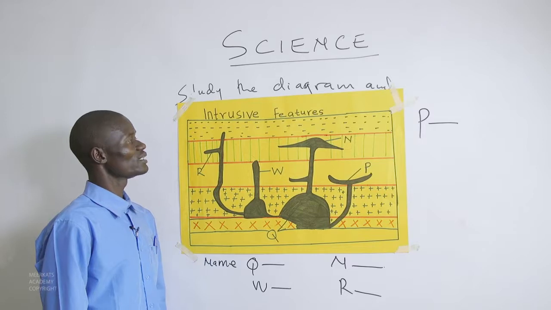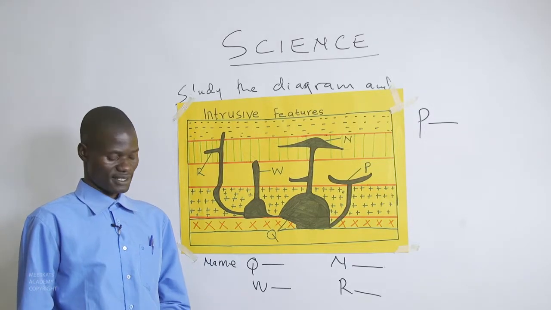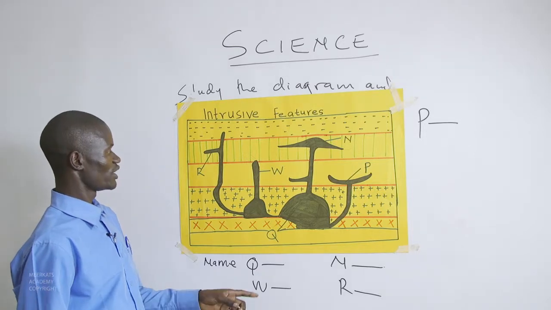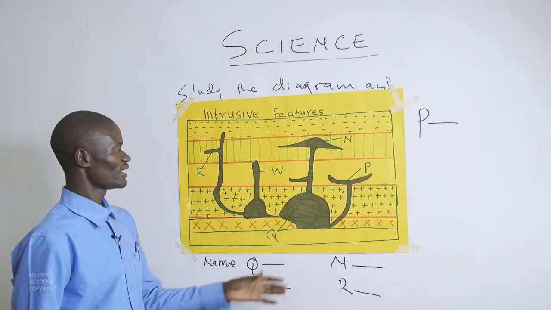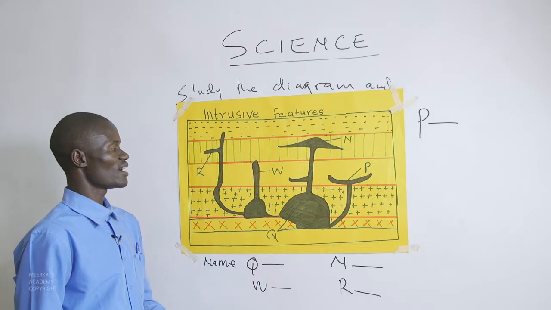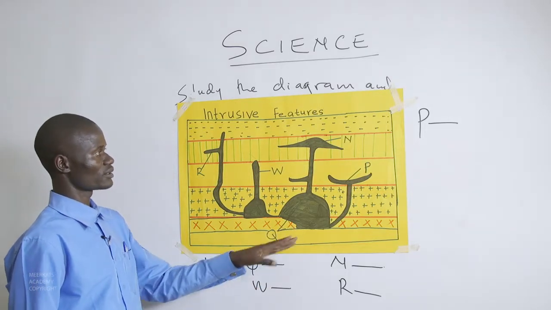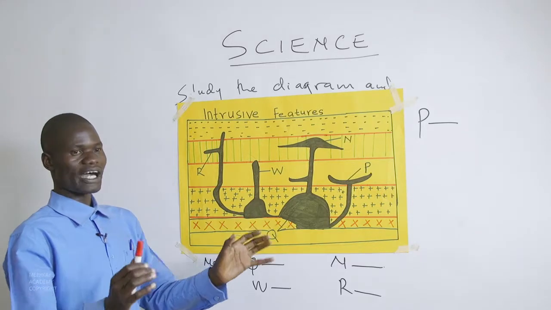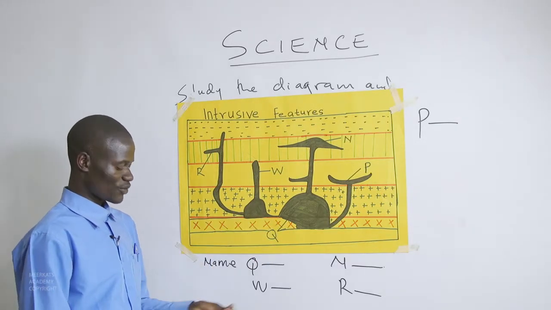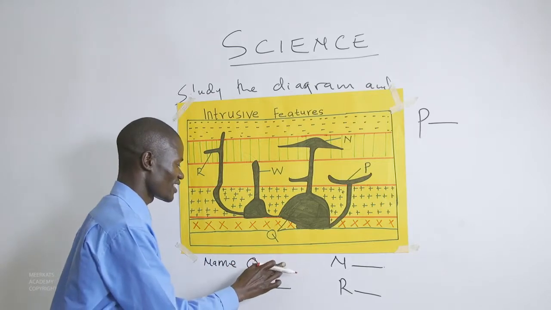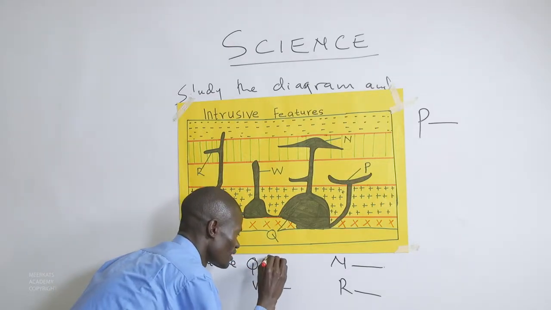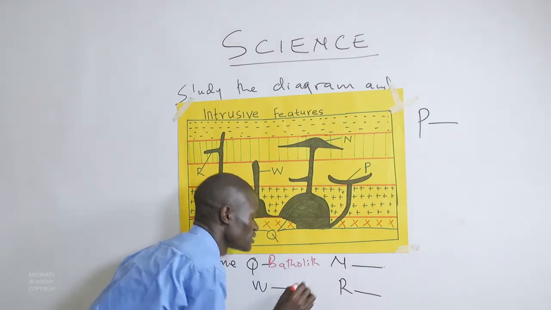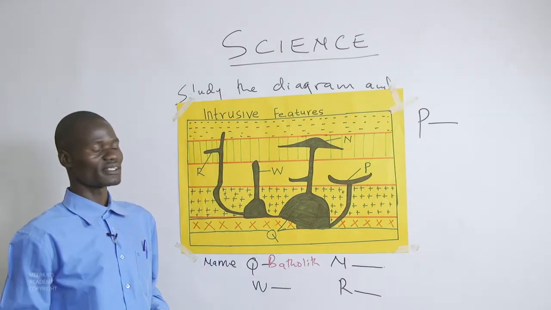When you remember quickly some of the intrusive features, the one that is formed below the Earth's surface, in the crustal layers of rocks, that forms a conduit, that one is a batholith. Therefore, we have to name it. It is referred to as a batholith.